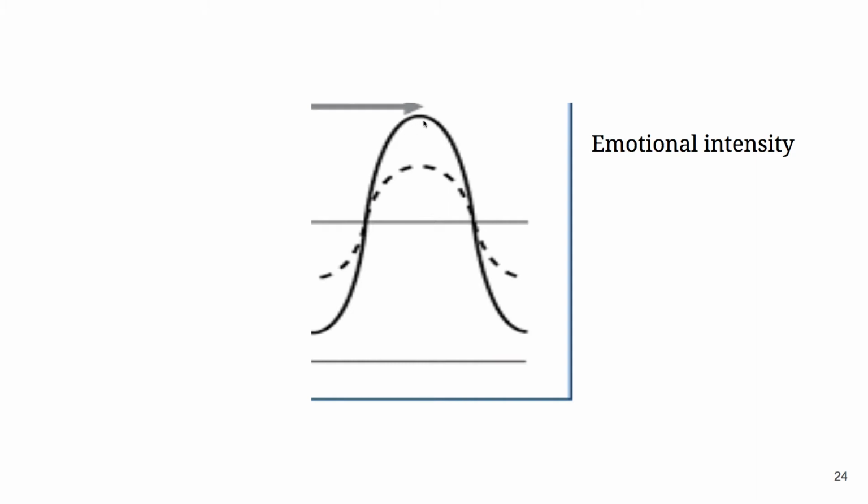I'm at an 8. If I don't do anything to process or change the meaning, every time I enter that situation, I'm going to experience it at the same intensity.